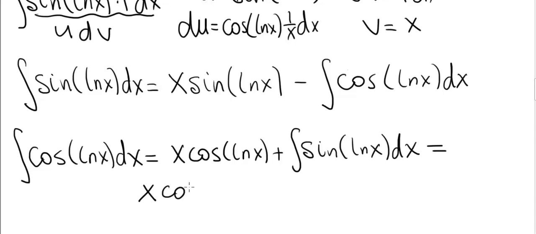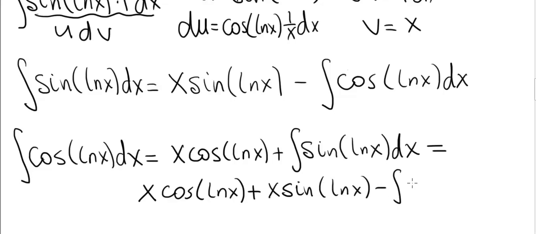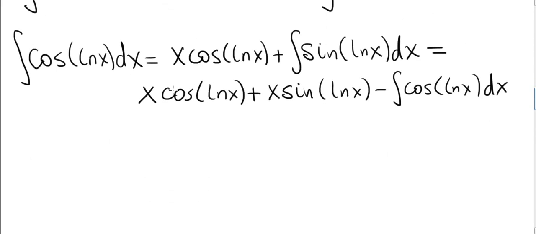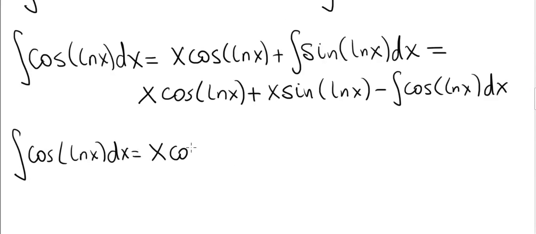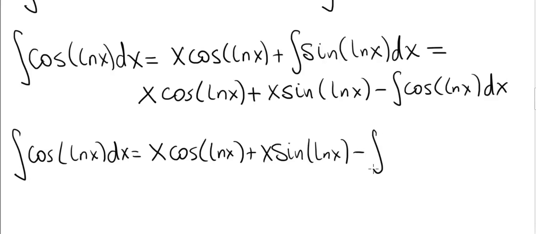Here we have our x cosine ln x, and the integral of sine ln x is x sine ln of x minus the integral of cosine of ln of x. Let's eliminate the middle part here and just write the original integral of cosine ln x is equal to x cosine ln x plus x times the sine of ln x minus the integral of cosine of ln of x.